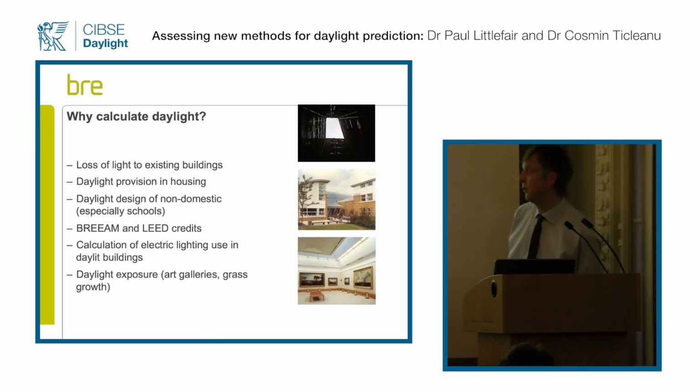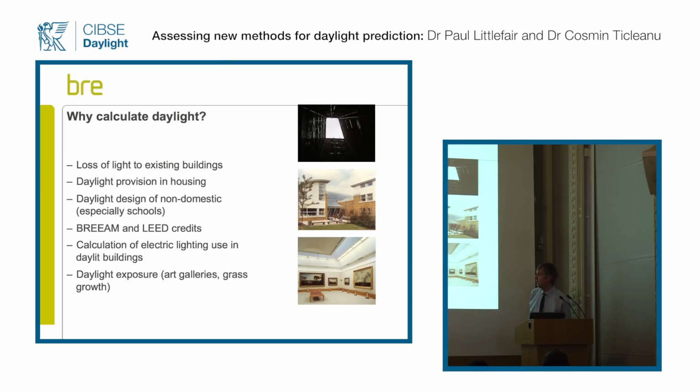And we can also use, not necessarily the exact metrics, but the numbers that we generate in order to give us daylight exposure for things like art galleries and grass growth. I missed out the BREEAM and LEED credits. There's a case in calculating credits for BREEAM.